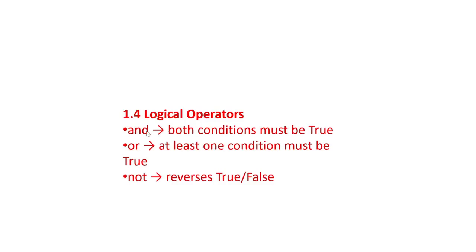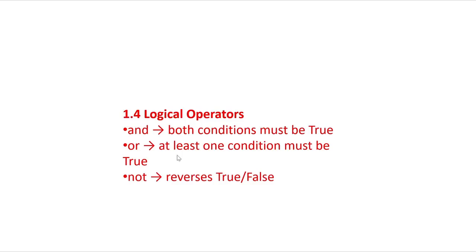The rule for and is that both conditions must be true for the code to execute. So you will be checking two conditions using the and logical operator.